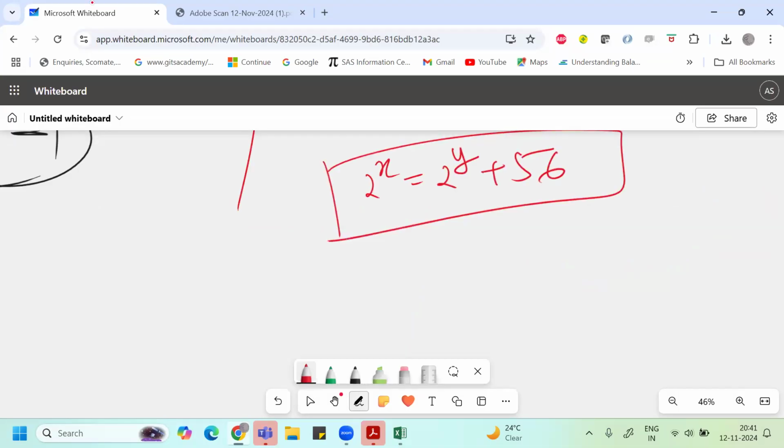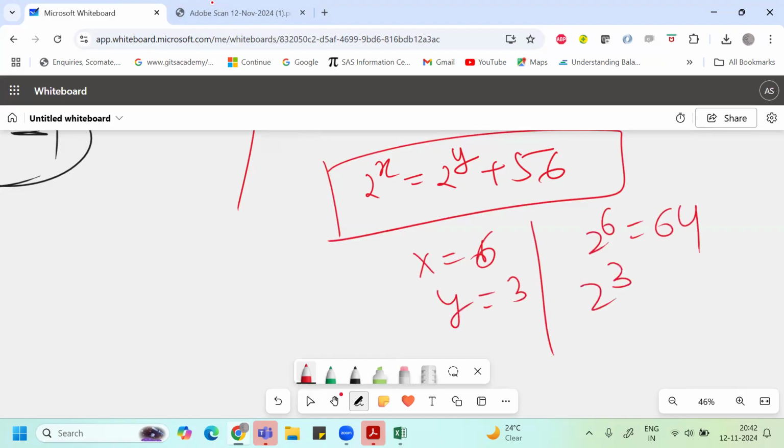This is the question they have given. Now they're asking what x and y are. If you try the option, your x is 6 and your y is 3. 2 to the power 6 is 64 and 2 to the power 3 is 8, and 64 minus 8 is 54. 56, not 54.